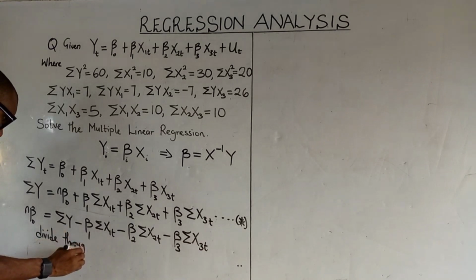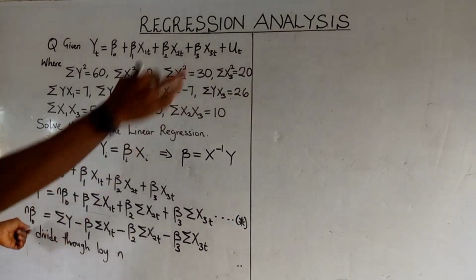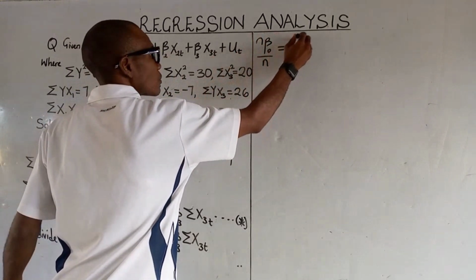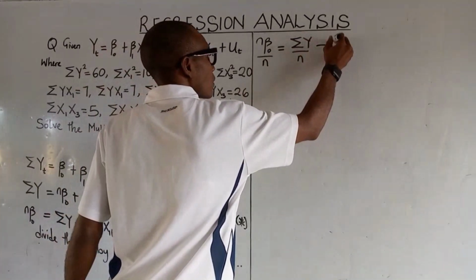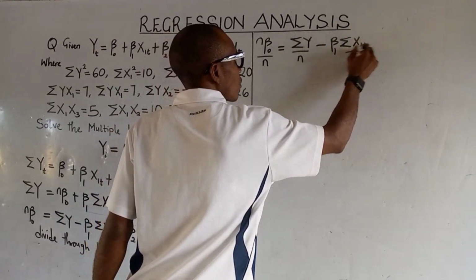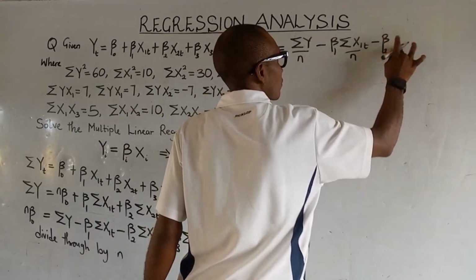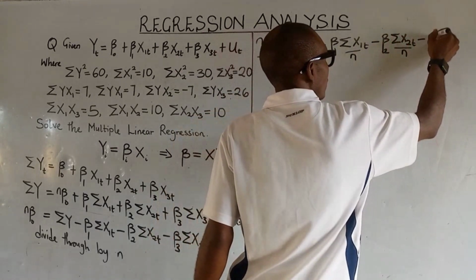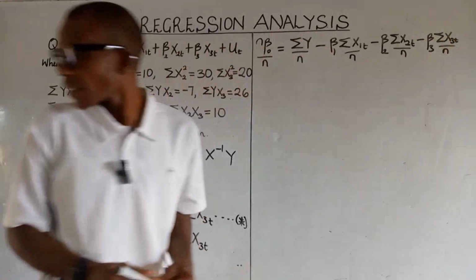If you divide through by n, you get n b naught all over n is equal to summation of y all over n minus b1 summation of x1t all over n minus b2 summation of x2t all over n minus b3 summation of x3t all over n. That is what we get.